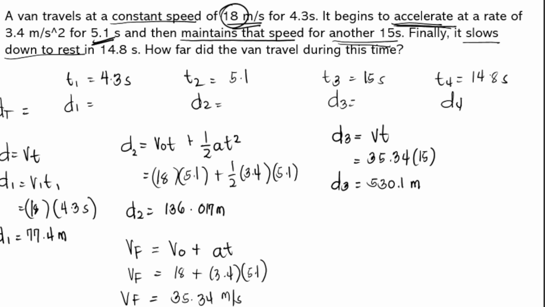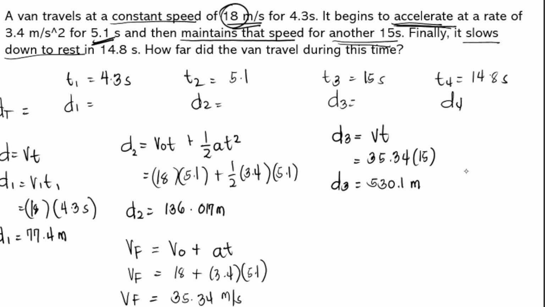Kasi slows down to rest. Which equation are we going to use given the initial speed of 35.34, final speed of 0 meters per second, given the time of 14.8 seconds.